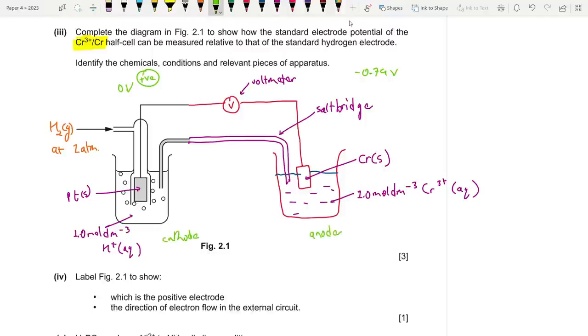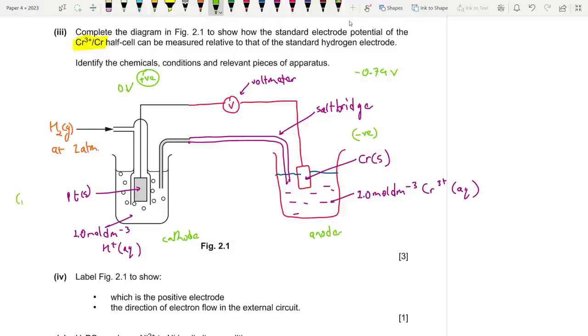So in an electrochemical cell, remember that the cathode is actually positive and the anode is actually negative. This side is actually negative. So the platinum electrode will actually be the positive electrode. So we need to label this platinum electrode.